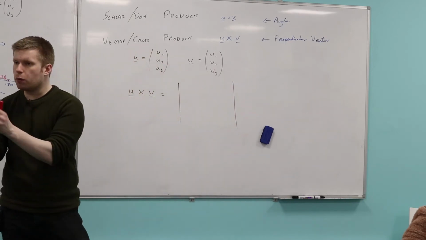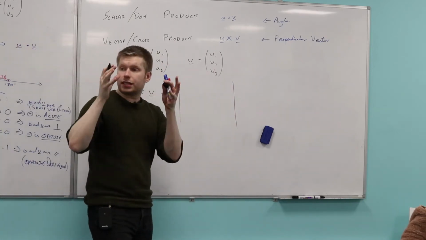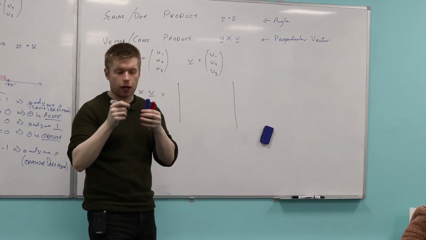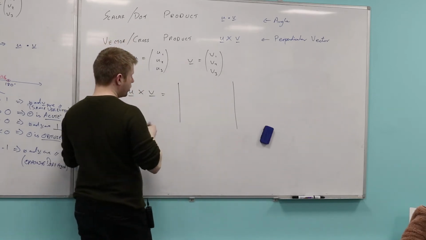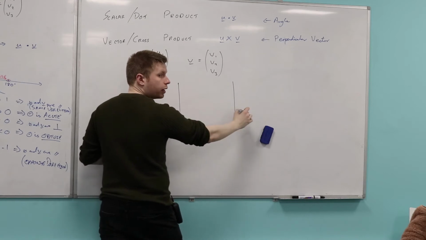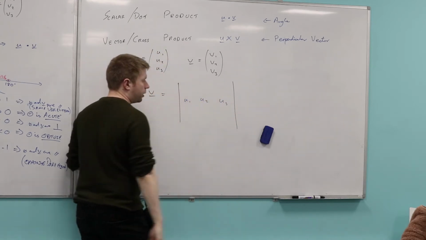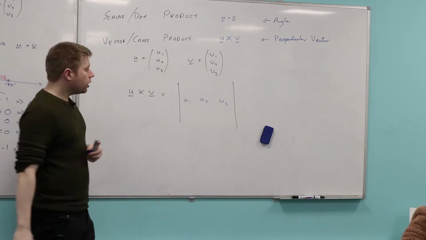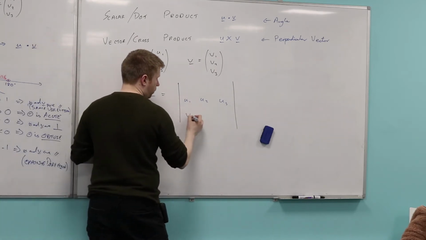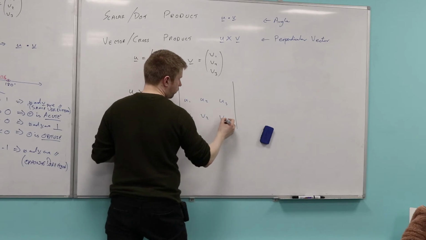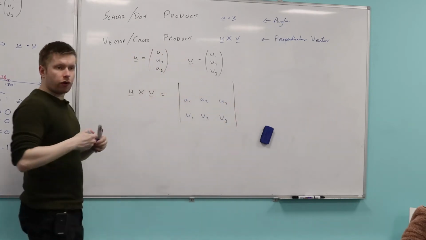Now, matrix at the moment, all I want you to understand by it is it's just a table of numbers. So you put u along the second row, working row-wise. So that'd be u1, u2, and u3. You put v as the third row. So v1, v2, v3. So you notice the order really matters.